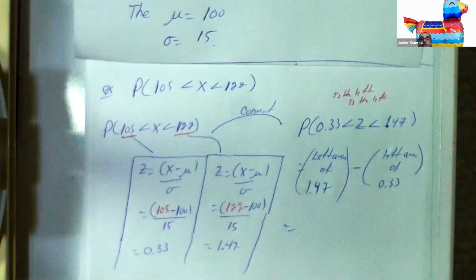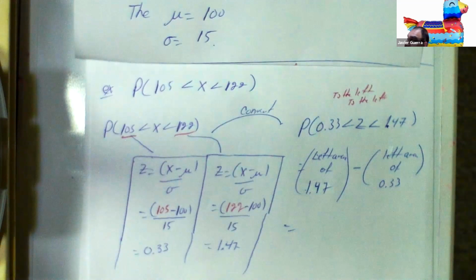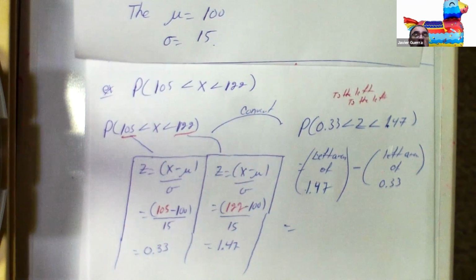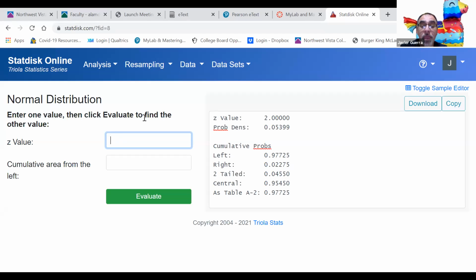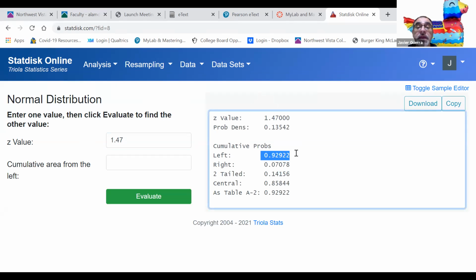So we're going to look up those two areas and we're going to subtract them. All right, let's look up the 1.47 first. To the left, to the left. 0.9292.